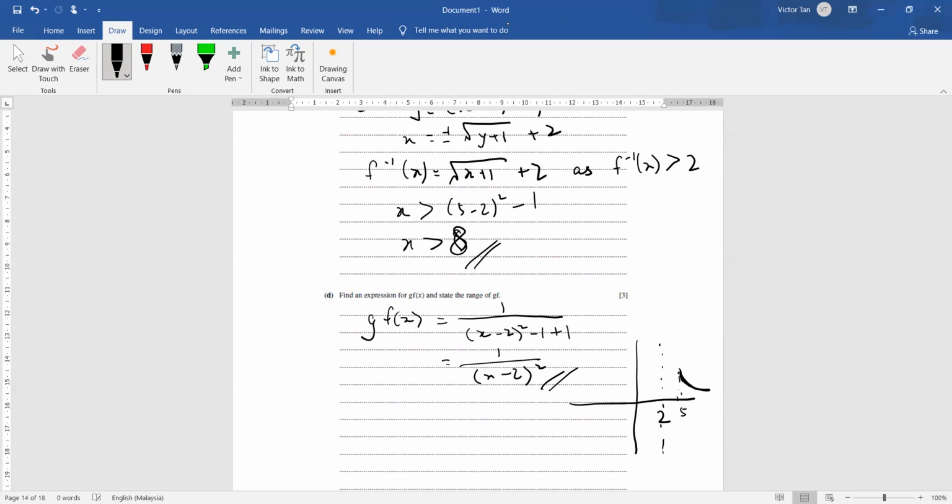So if it is 5, it's 5 minus 2 squared, which is 9. So 1 over 9. It's 1 over 9. So the range of gf is between 0 and 1 over 9. Okay.